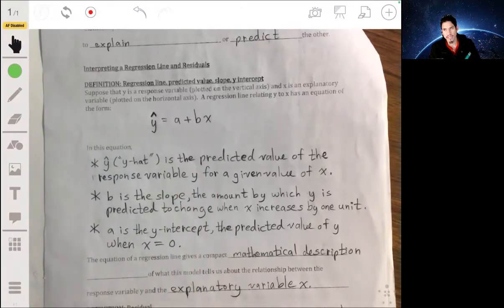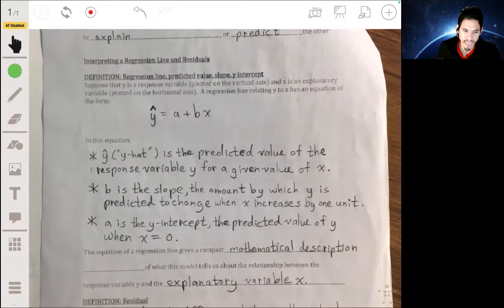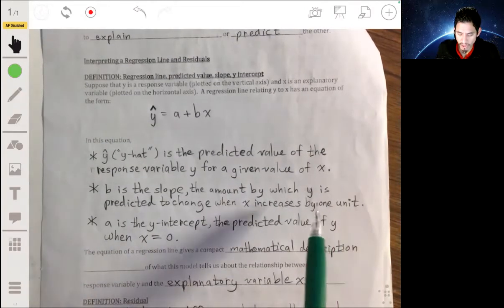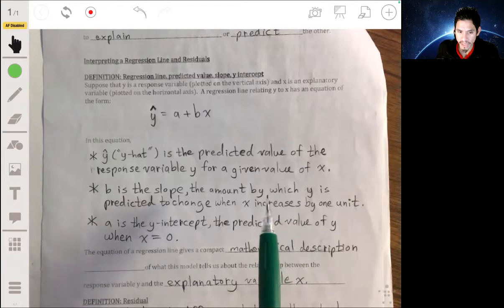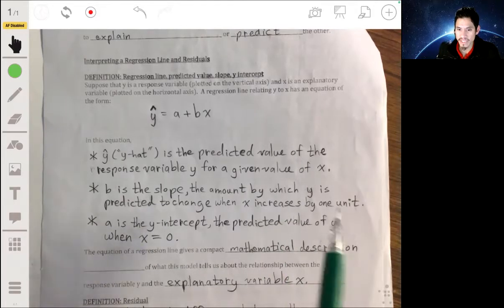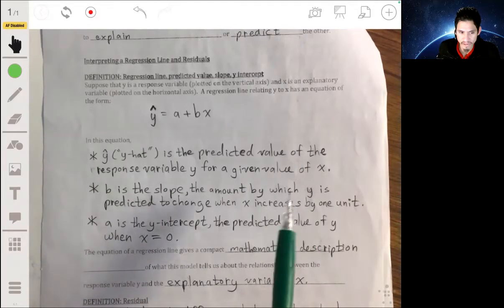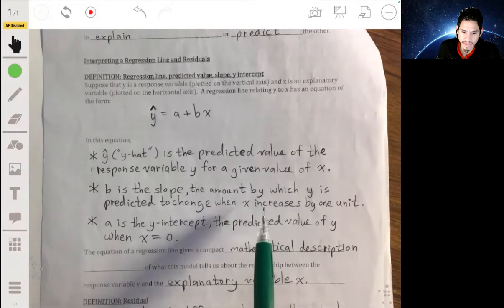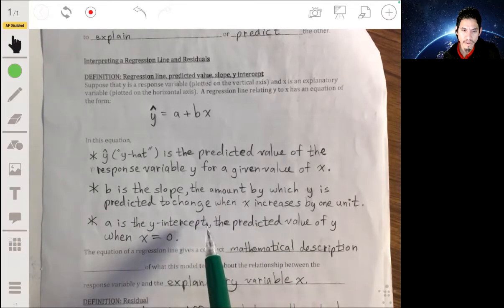And just like in algebra, it represents the change in y over the change in x. But we also have to be sure to understand what it means in context. We'll go over some examples and break it down, but again, keep the context in mind. This is all that is saying: how much we think y is predicted to change when x changes by 1.